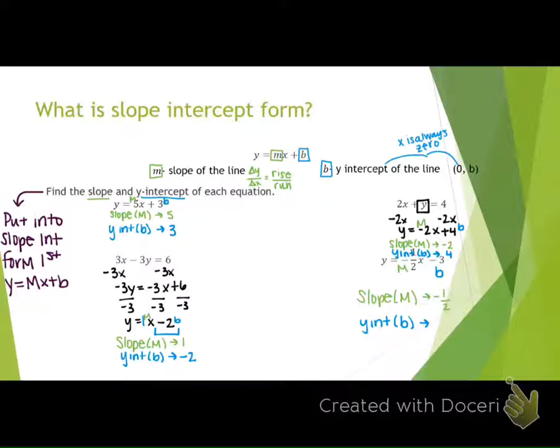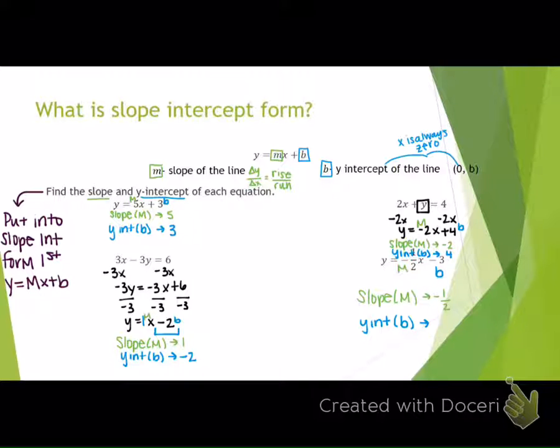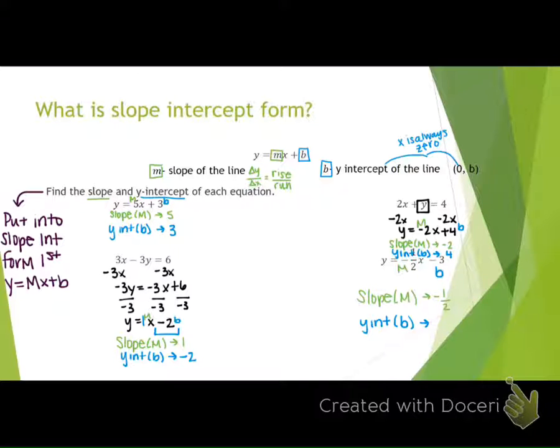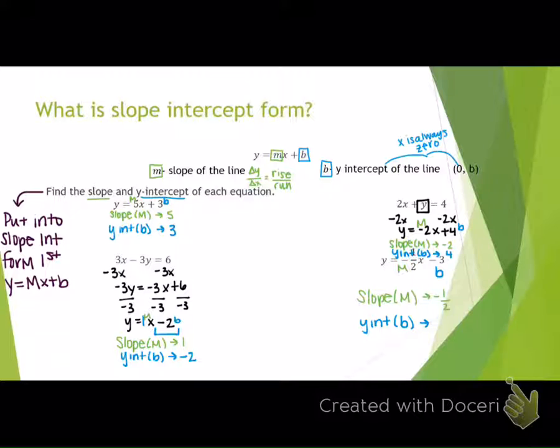On the very last one, bottom right. It's in slope-intercept form already. Which one is the y-intercept? If it's y equals mx plus b and b is the y-intercept, which one is the y-intercept? -3, huh? Yeah, good.